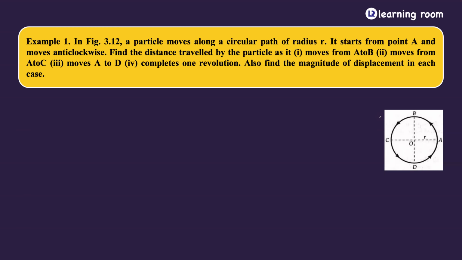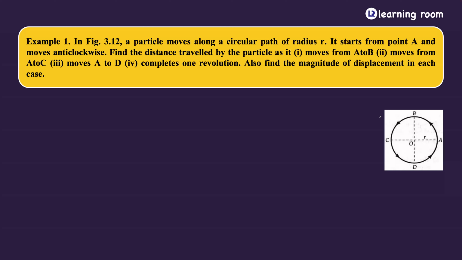Find the distance traveled by the particle as it moves from A to B, similarly from A to C, A to D, and when it completes one revolution. That is the first part of the question. The second part is to find the magnitude of displacement in each case.